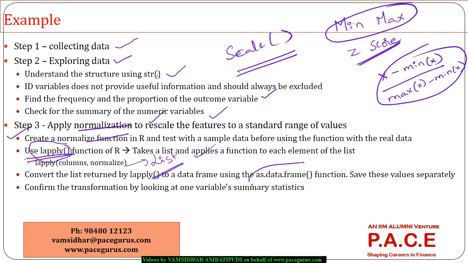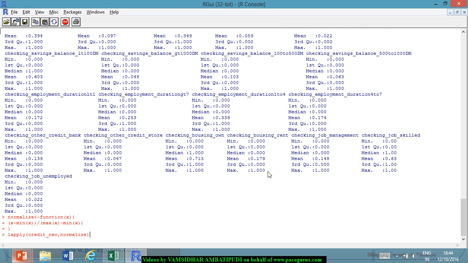So whatever output comes in the form of a list, I will convert it into a data frame using as.data.frame on top of the lapply function, which will apply a min-max normalization to each and every column of the data.